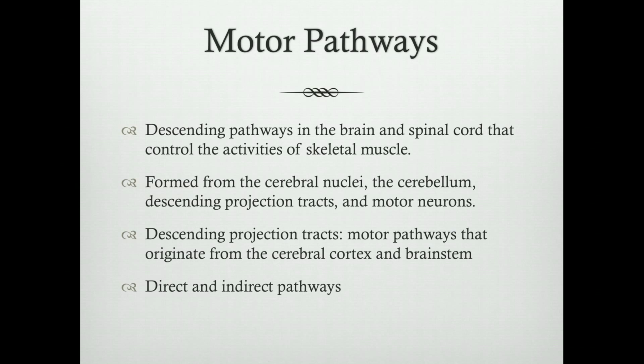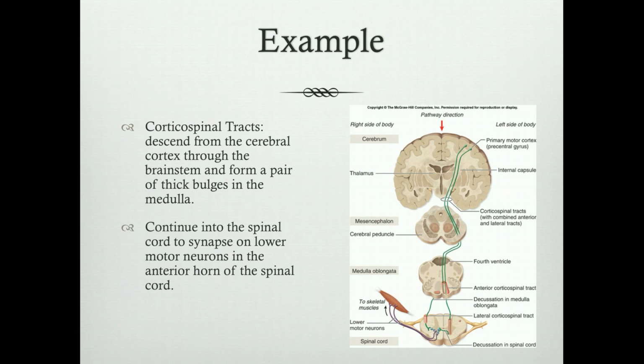And specifically, the descending projection tracts are motor pathways that originate from the cerebral cortex and brainstem. And depending on what response is being sent, this may be either a direct or an indirect pathway. So the corticospinal tract is a good example of an actual motor pathway.